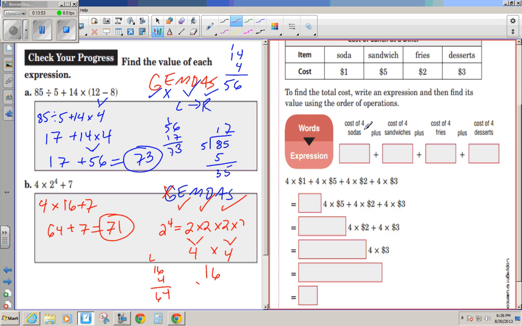Let's figure some of this out here. What are we going to write in here? The operation is cost of 4 sodas plus the cost of 4 sandwiches plus the cost of 4 french fries and then cost of 4 desserts.